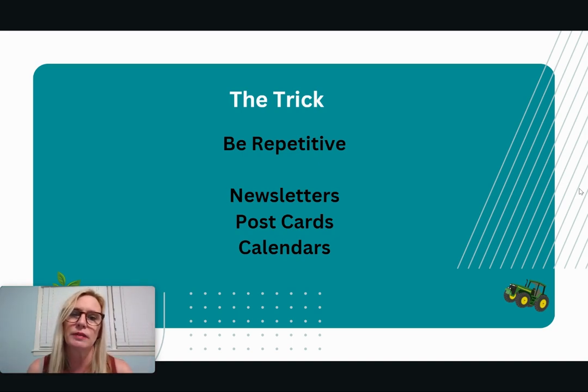So here's some new information with new homes that are sold. You also can just do that. Just send them homes that are sold or listed in their community to let them know what's going on so that you stay in touch with them every week or every month.